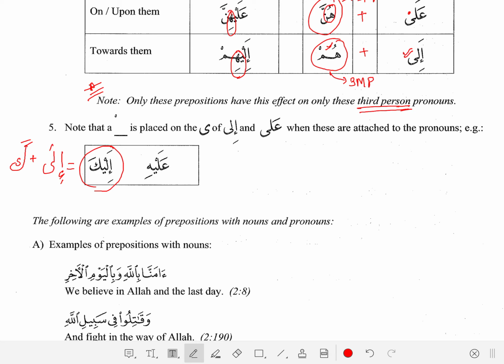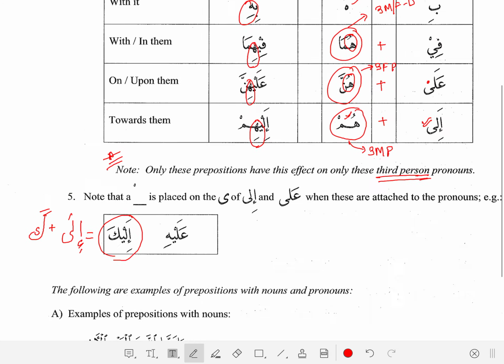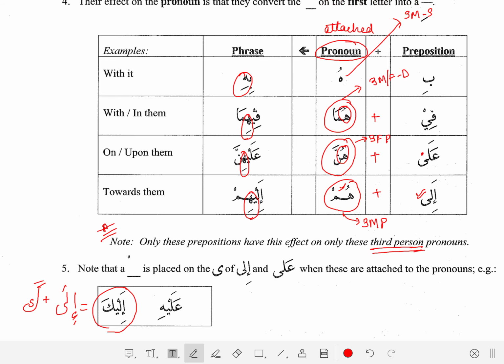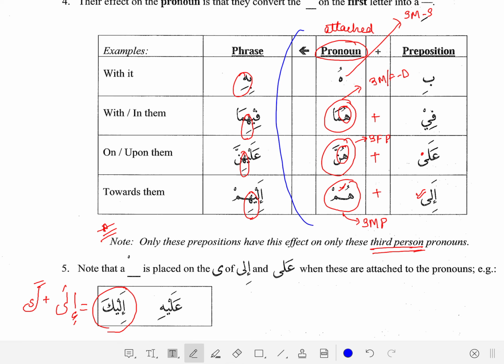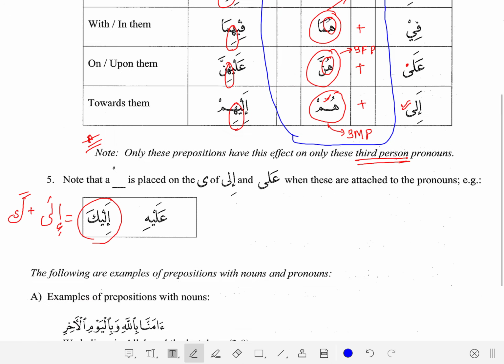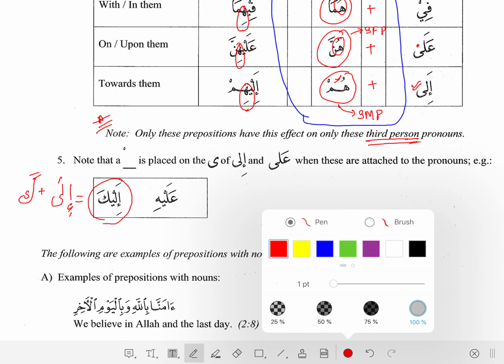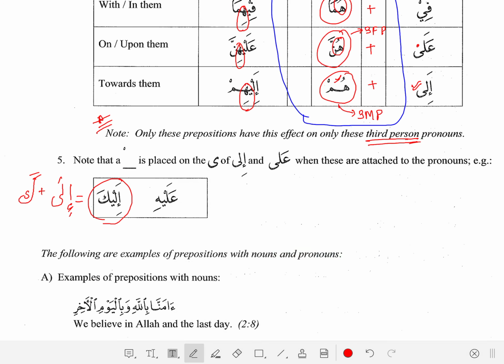So this effect of converting the dhamma into a kasra only happens for third person pronouns. These are the third person pronouns, which you see here. It does not happen on the second person pronouns. So alayhi is correct, right? There has to be this, because this is ala plus hu.